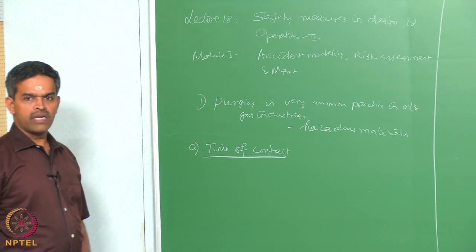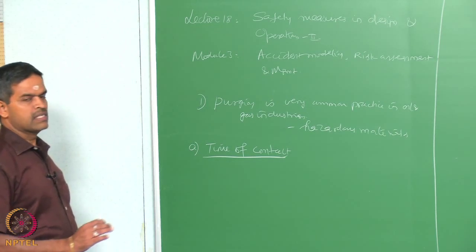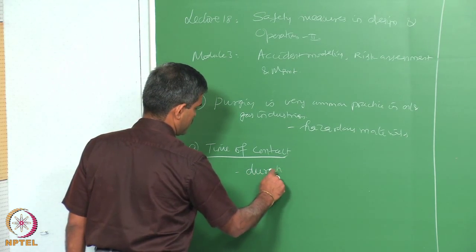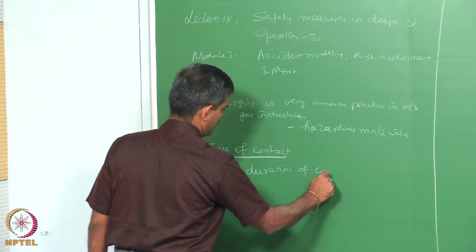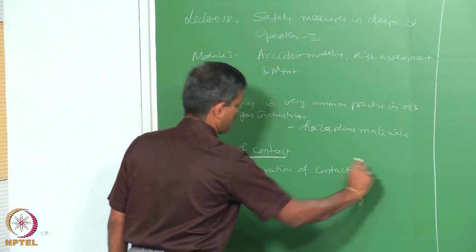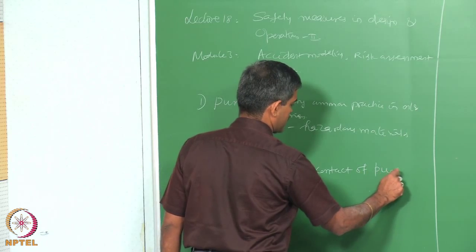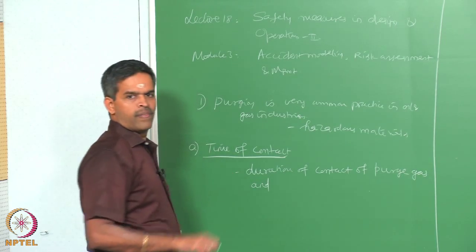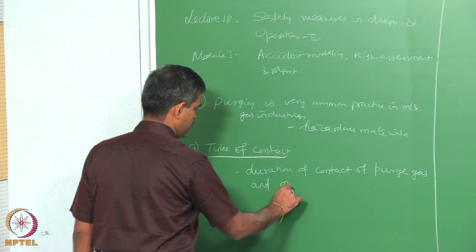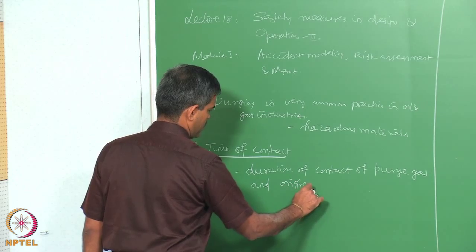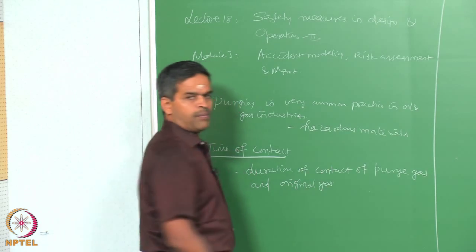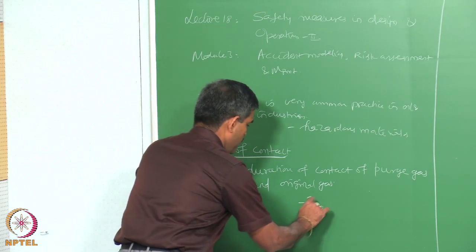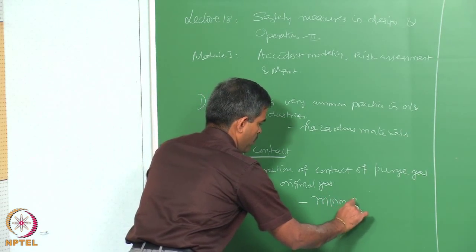The duration of contact of surfaces of the purged gas and the original gas is an important parameter. For better efficiency, it should be minimum as far as possible.